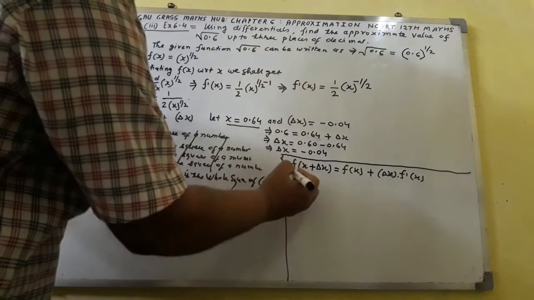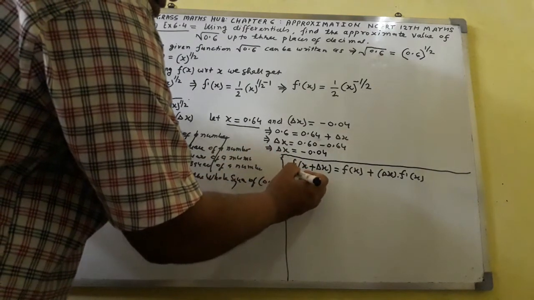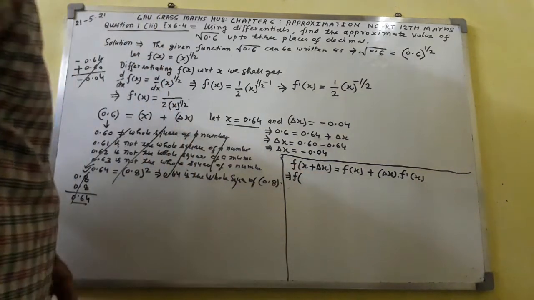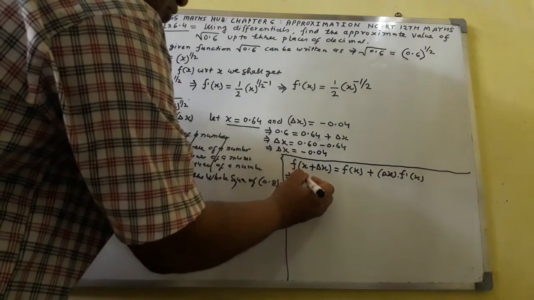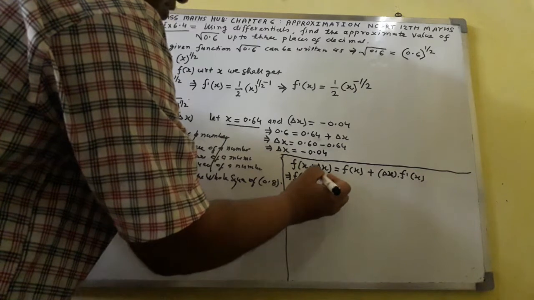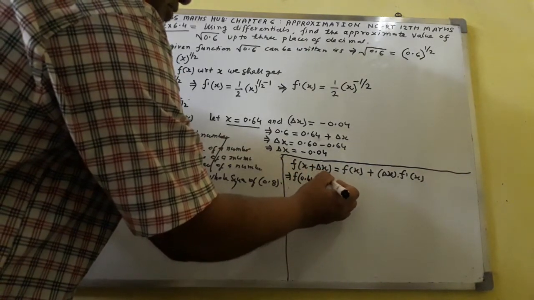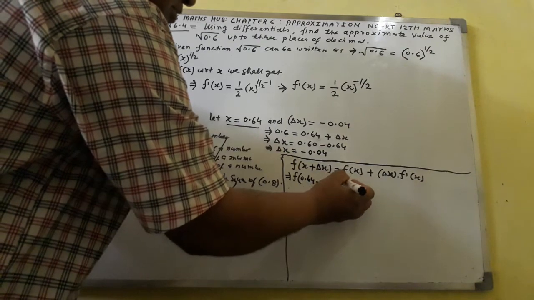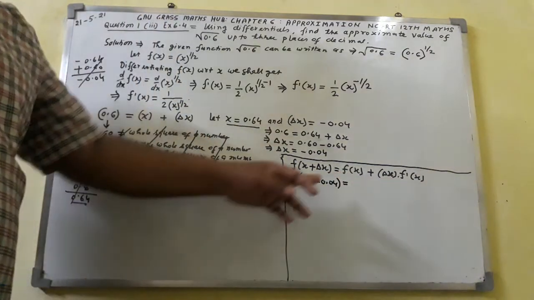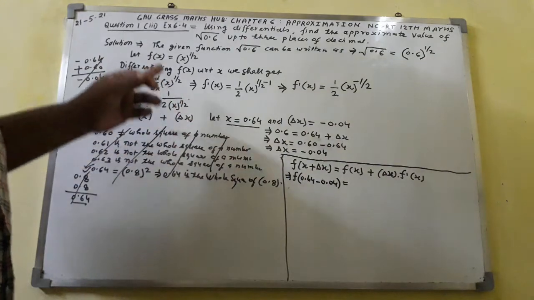So here I shall write, implied that put the value of x, 0.64, and the value of delta x, minus 0.04, equal to the value of f of x, which I shall take from this place.